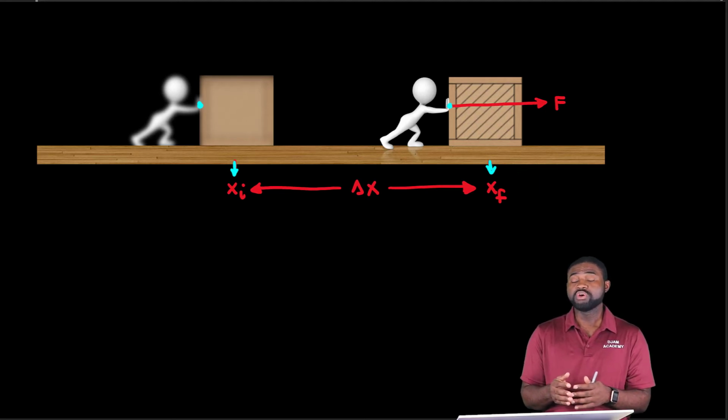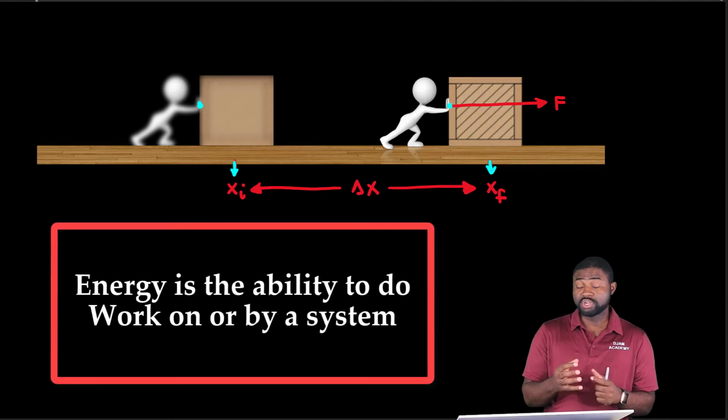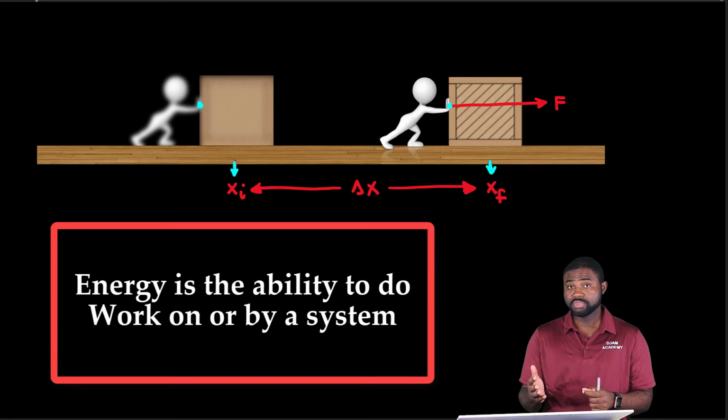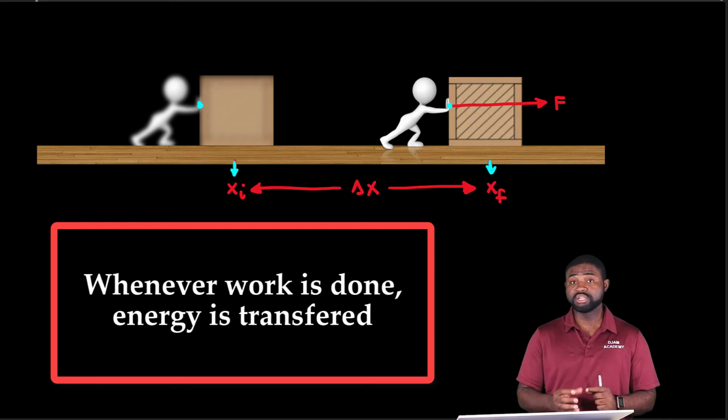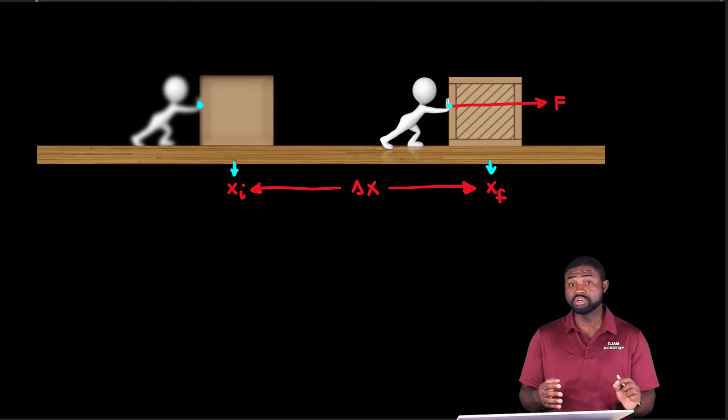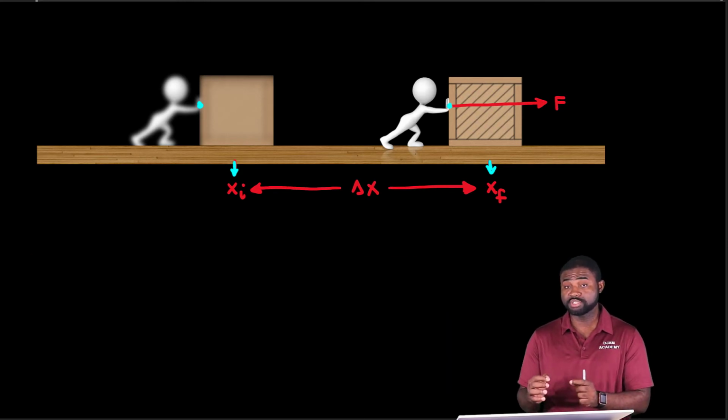You see, energy essentially is the ability of an object to do work. That means that whenever work is done, energy is transferred. Let me say that again. Energy is the ability of an object to do work, which means that whenever work is done, energy is transferred.